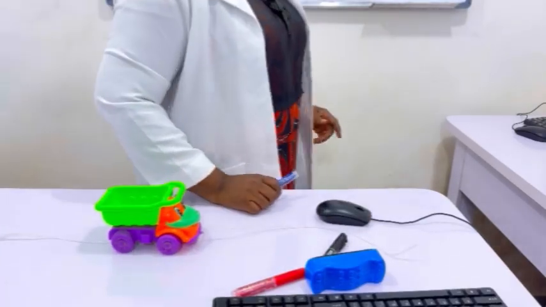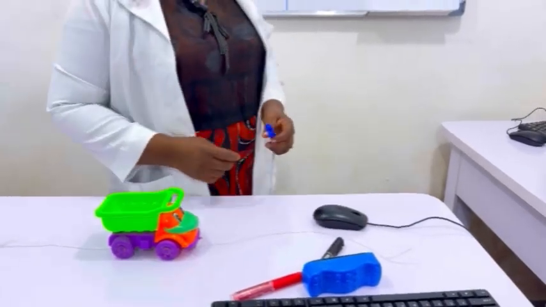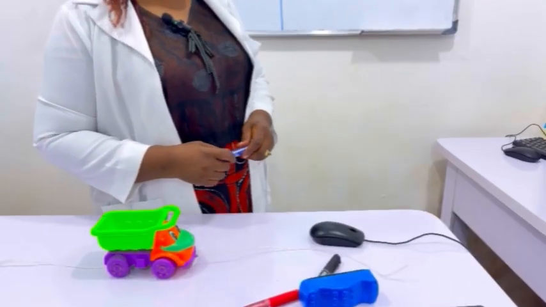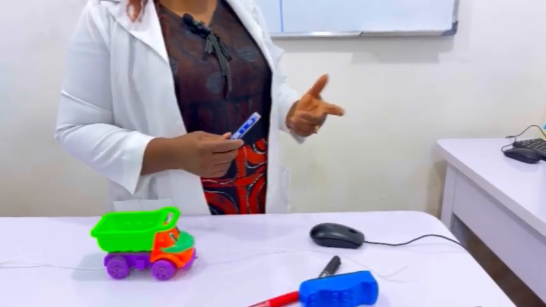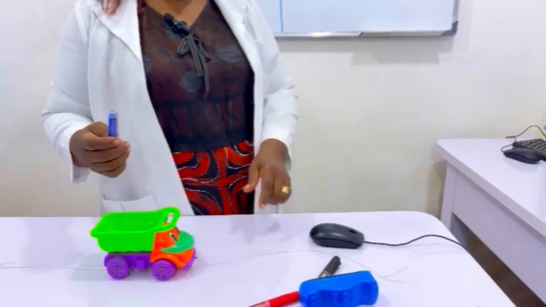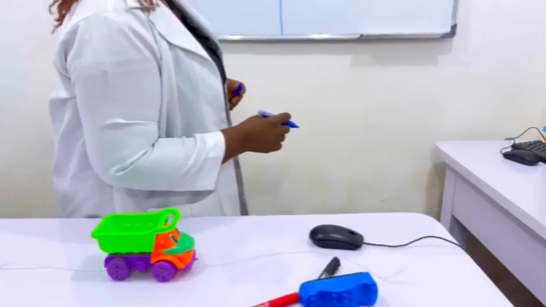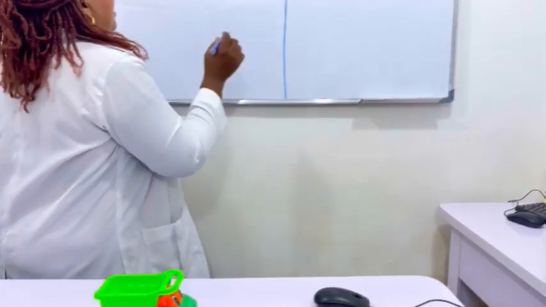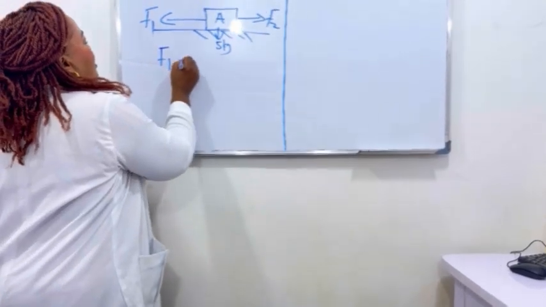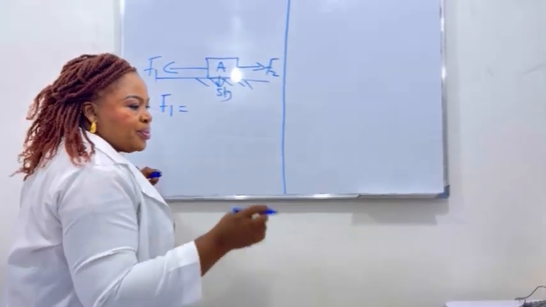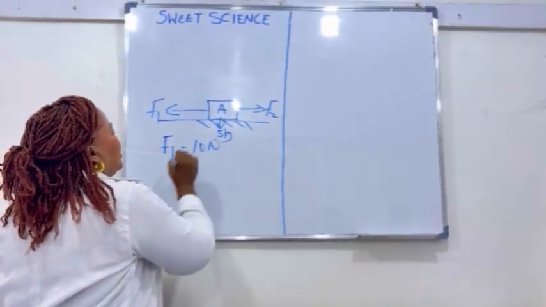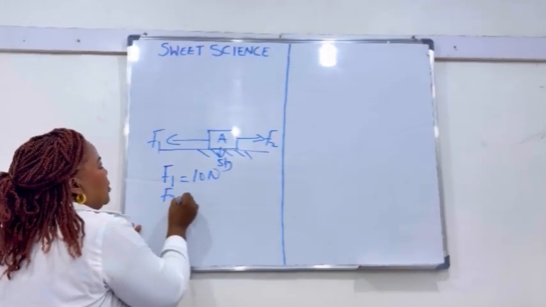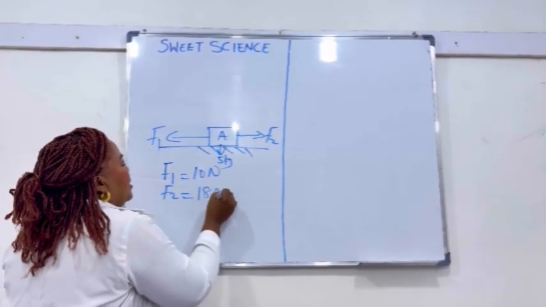So that's it. Now the second part of the question, B(ii), is asking us, if F1 and F2 are 10 Newton and 18 Newton respectively. So if F1 is equal to 10 Newton and F2 is equal to 18 Newton.